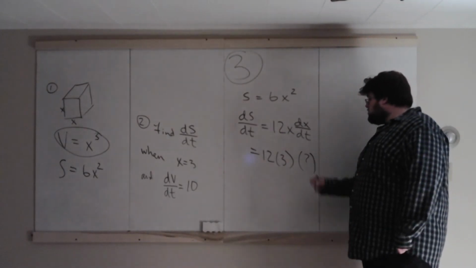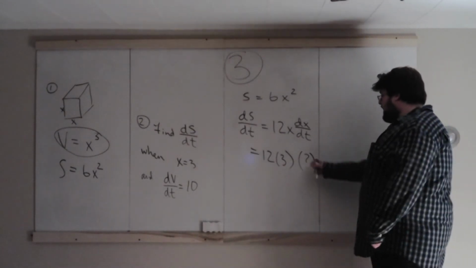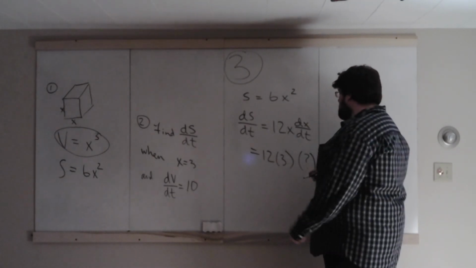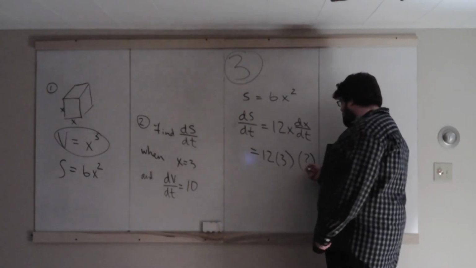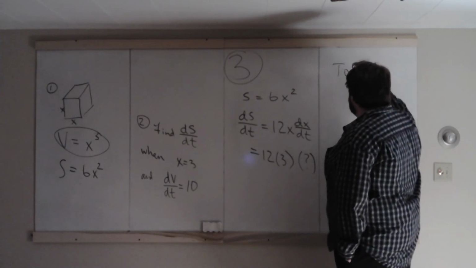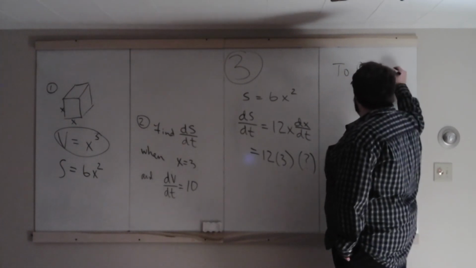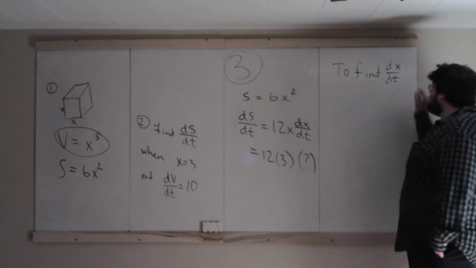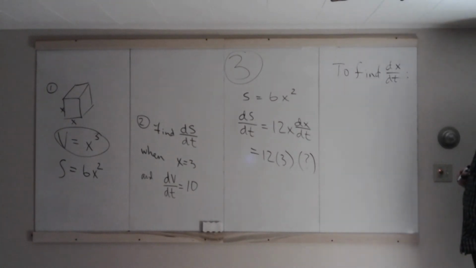So I'll put a question mark there, and above average question mark there. If you didn't watch lecture video 8.1, you have no idea why I said above average there. If you did, odds are you do know why I said above average there. So we want to find dx/dt.